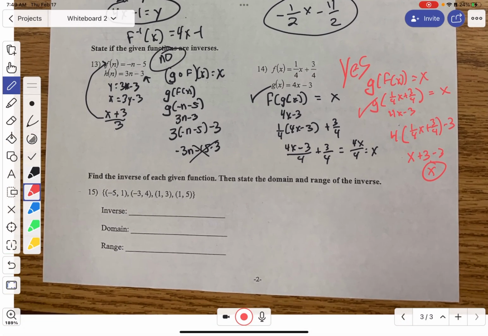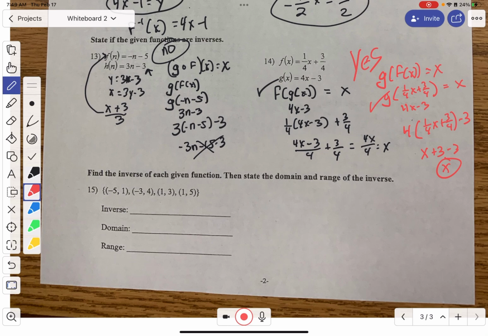And the last one, find the inverse, state the domain and the range. Remember the inverse, by definition, changes your input with your output, your independent with your dependent, switches your x's and your y's. Okay, so there's our inverse.